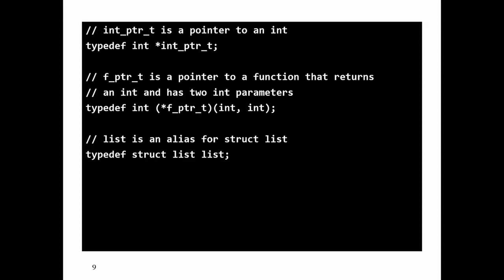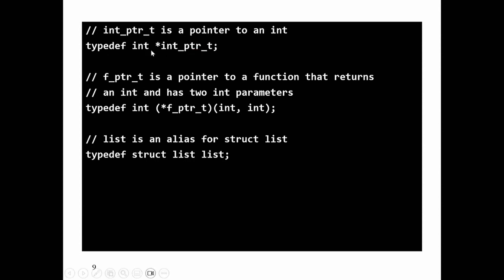Here I'm going to abuse, well, sorry, the first one is an abuse of typedef. You should not do this. I'm going to make my own type, a name called int_pointer_t. This is a pointer to int.